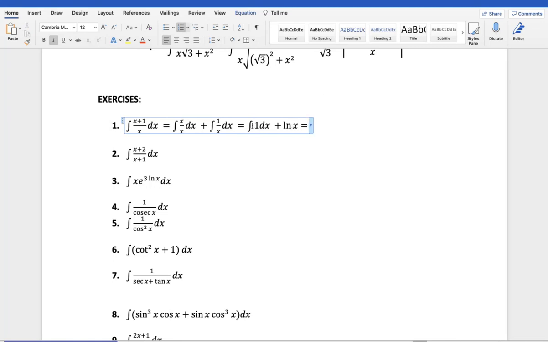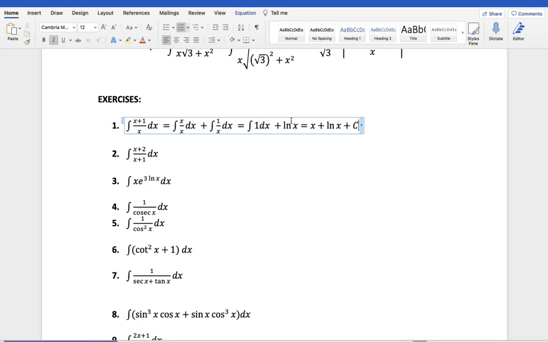So the integral of a constant dx, if you go back to your basic integrals, is just equal to that constant multiplied by the variable, which is x. So here we have 1 multiplied by x, which is just x, plus ln of x, plus our constant of integration, c. And so that's it for that example.